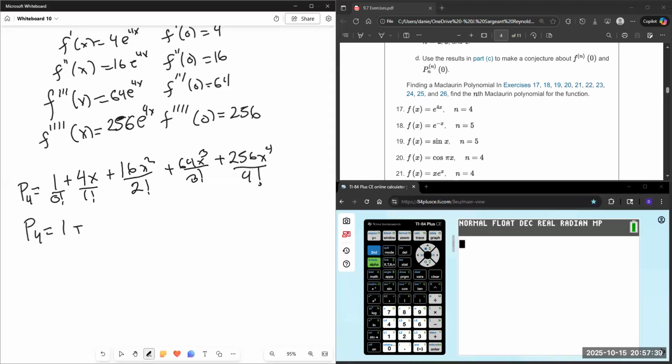Plus 4 over 1 is 4x. 16 over 2 is 8x squared. 64 over 6 is 32 over 3 x cubed. 256 over 24, 8 goes into here 3 times, 8 goes into there 32 times. That's also 32 over 3, x to the fourth.